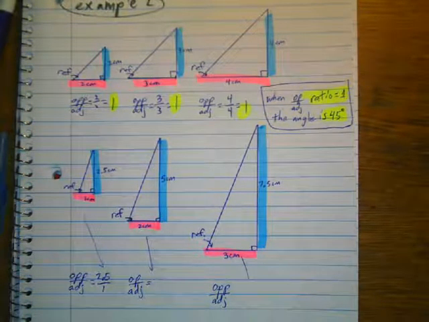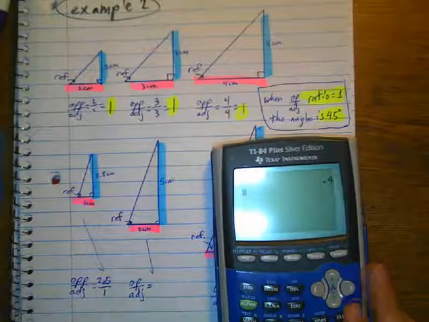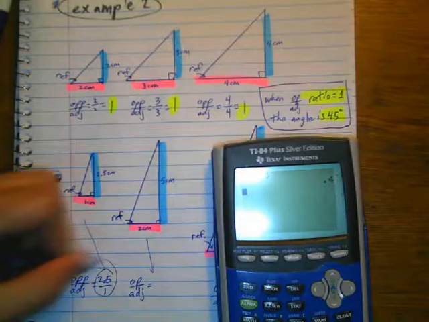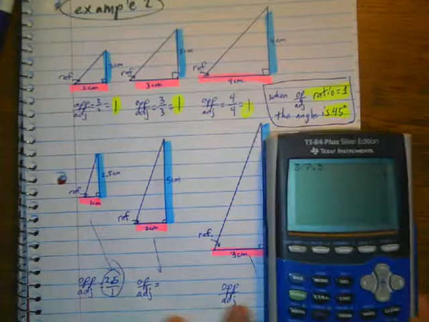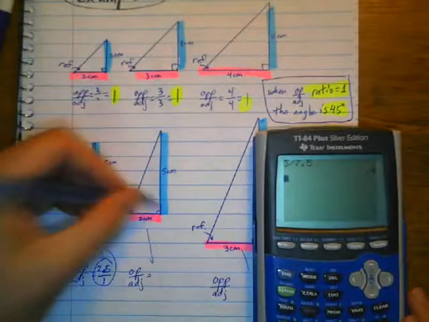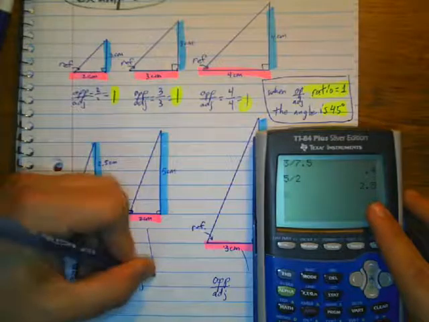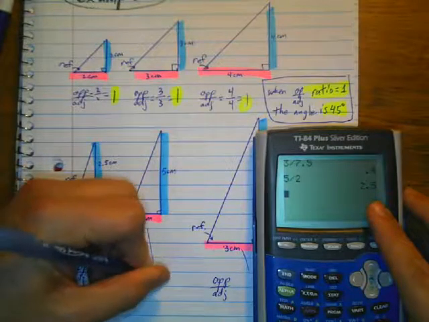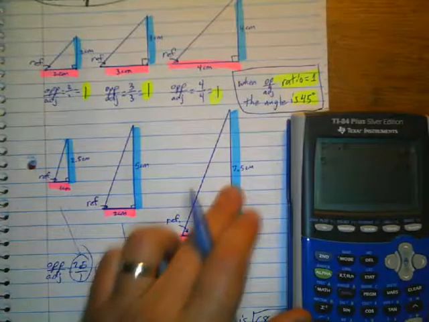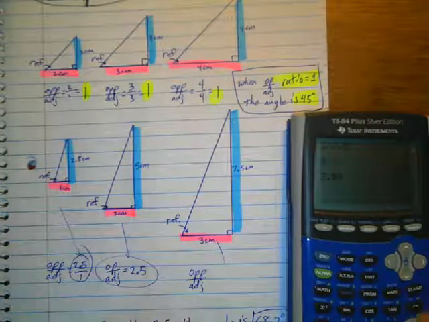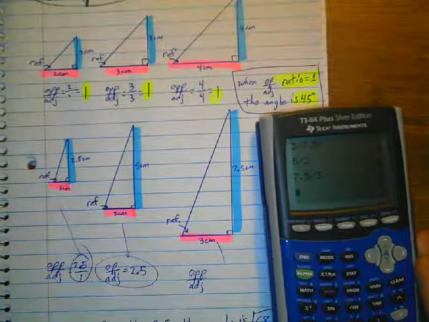So let's get a calculator out. Well, 2.5 divided by 1 is 2.5. I know you're shocked. Okay, now let's look at this other example here. 5 divided by 2 is also 2.5, right? And what about this here? 7.5 divided by 3 gives me also 2.5.